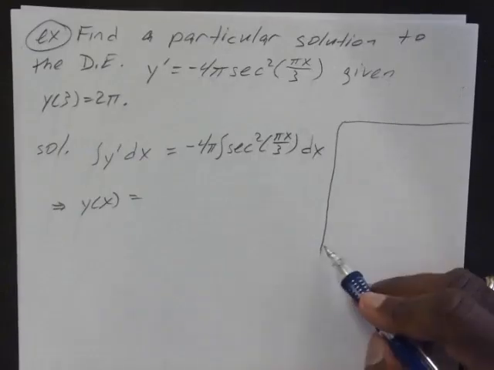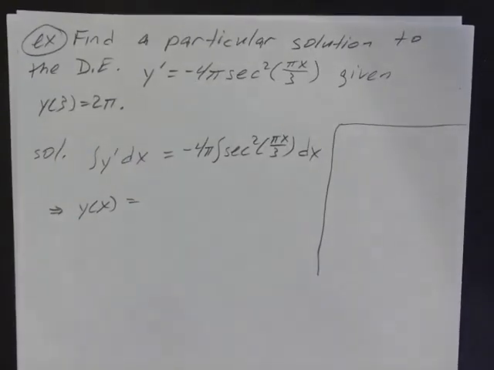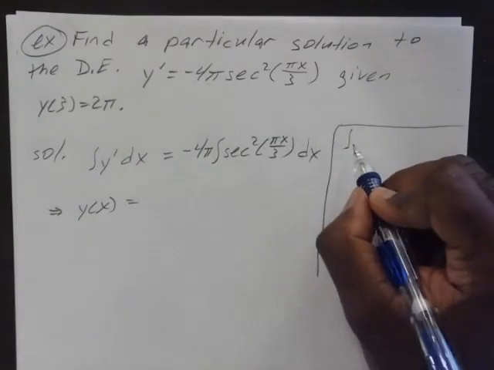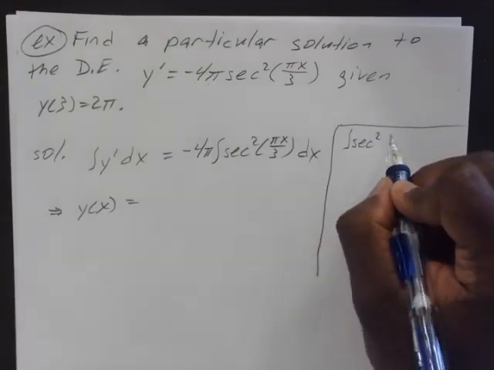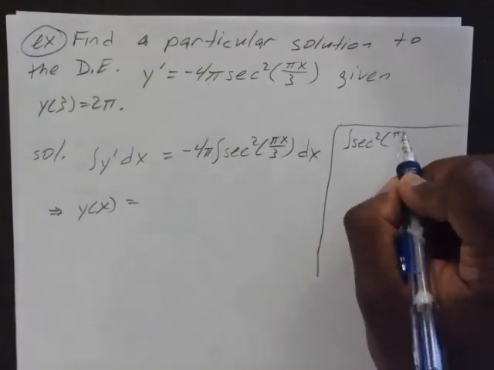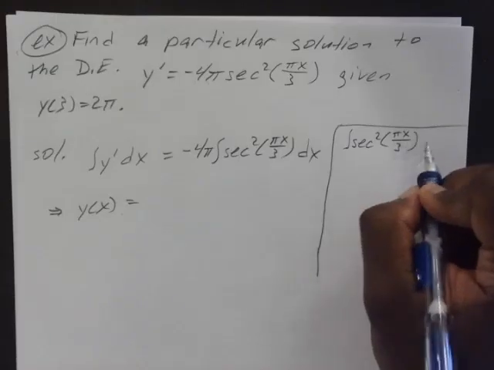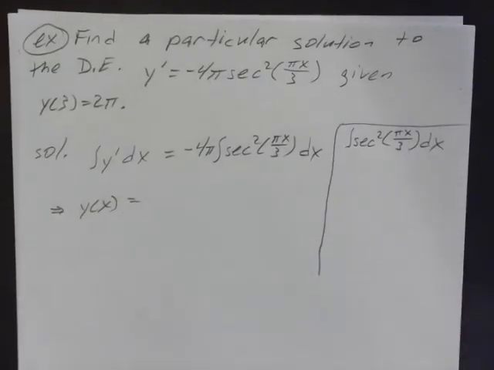So let's go ahead and integrate our secant squared. I'll do that over here. We have the integral of secant squared of pi times x divided by 3 with respect to x.